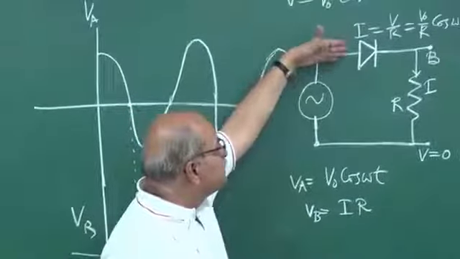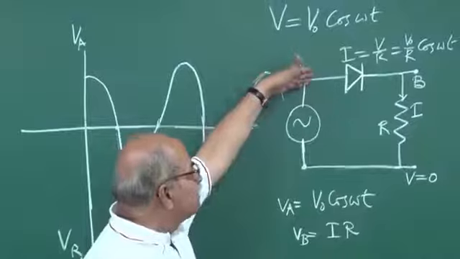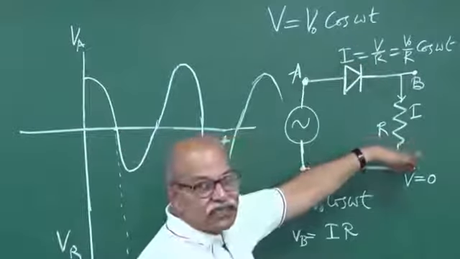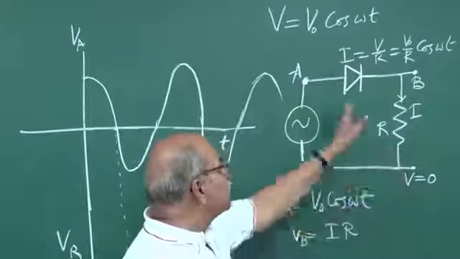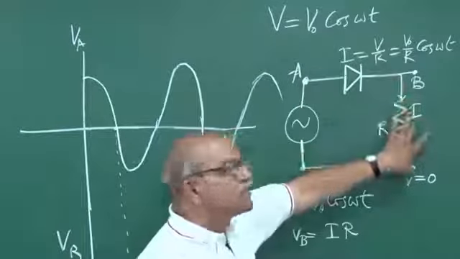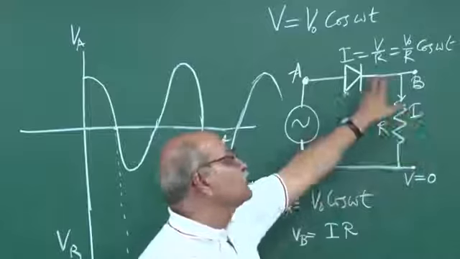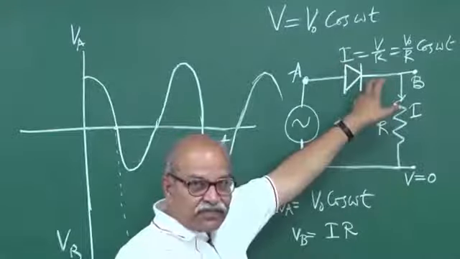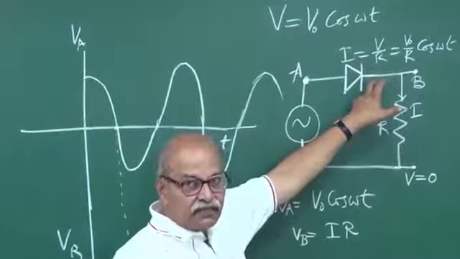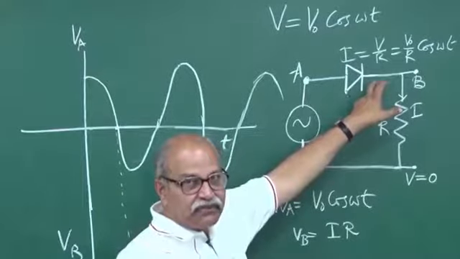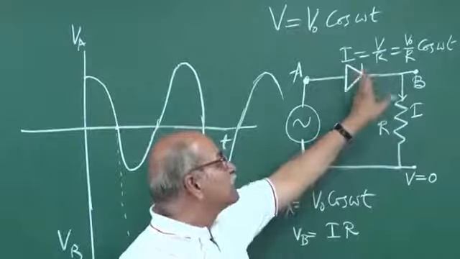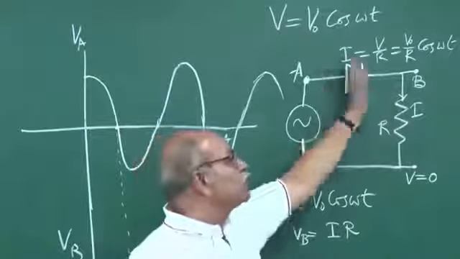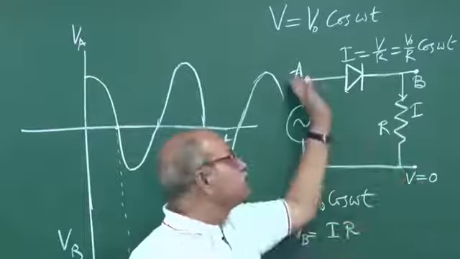Your P side is connected to a positive voltage, and the N side is connected to this 0 side. So higher potential here and lower potential here. This is forward biased. And in our approximation, we take the forward biased resistance to be negligible, so it is just a short circuit.